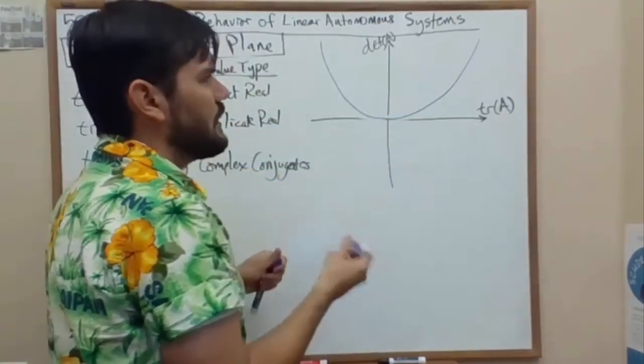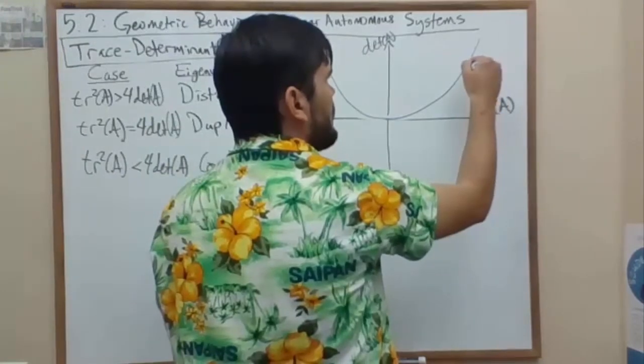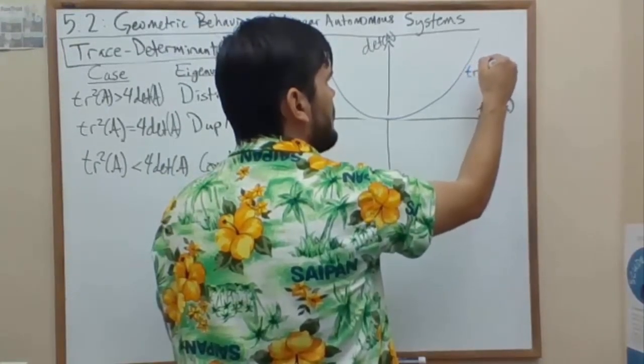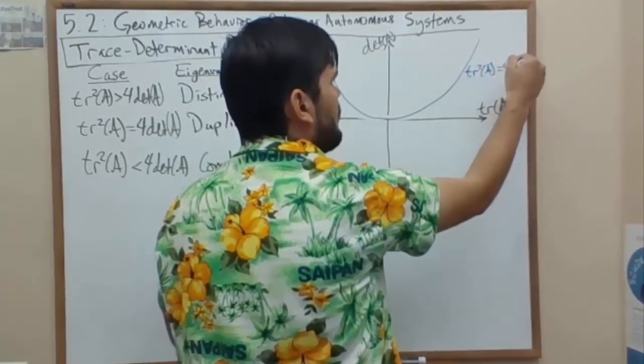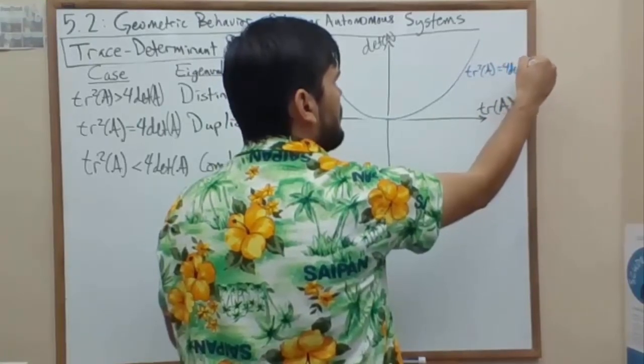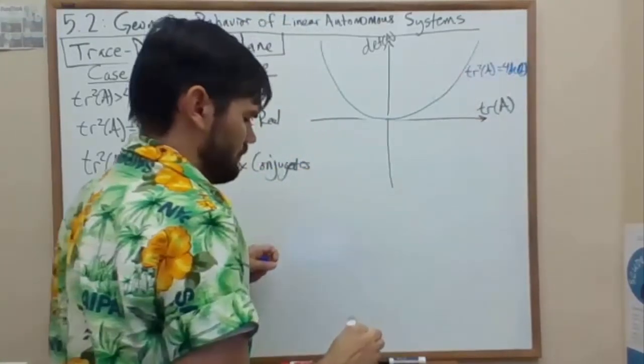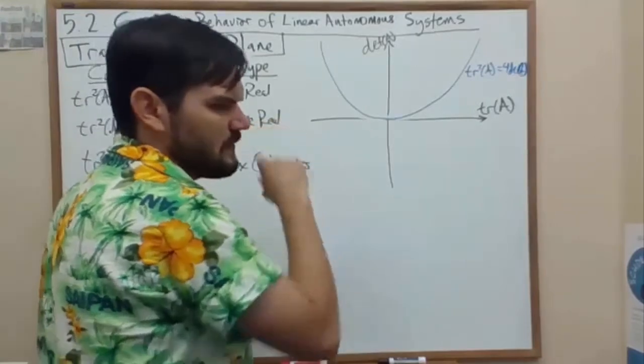Okay, so there is the trace squared of A equaling 4 determinant of A. Hard to see that.